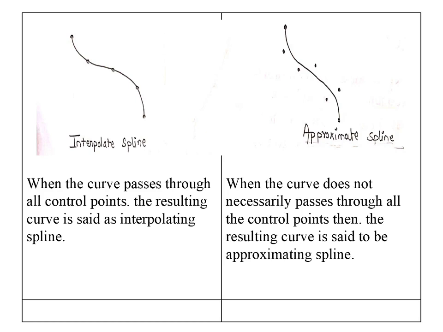When the curve passes through all the control points, the resulting curve is said to be an interpolated curve. Another type is when a curve does not necessarily pass through all the control points; then the resulting curve is said to be an approximating curve. Once we establish the interface, to change the shape of the curve we just move the control points.